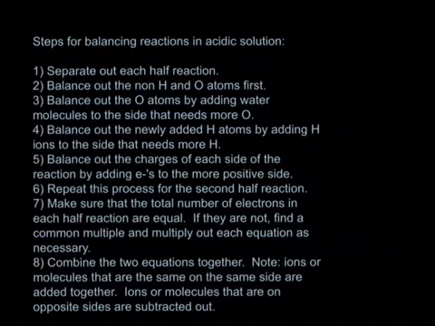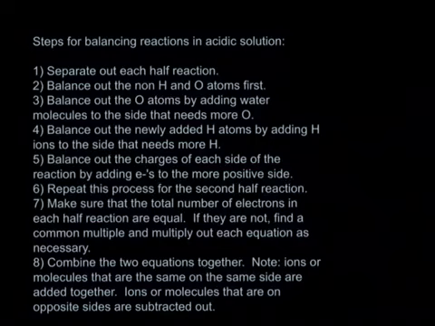So to review the steps for balancing reactions in acidic solution, what we did first was we separated out each half reaction, and for each half reaction we balanced out the non-hydrogen and oxygen atoms first. The next step was to balance out the oxygen atoms by adding water molecules to the side that needed more oxygen.